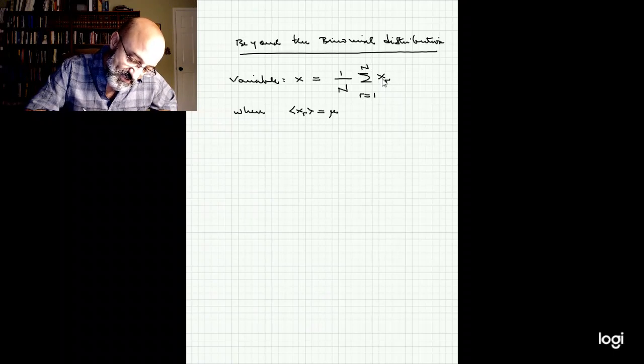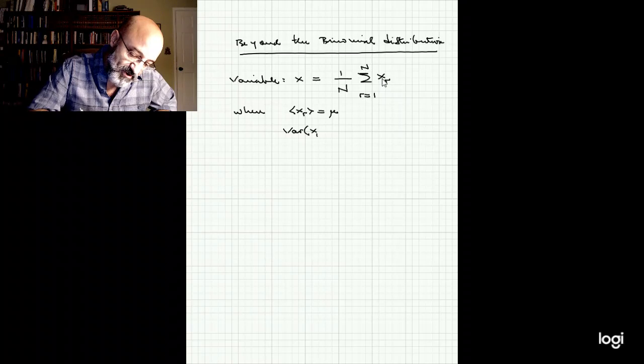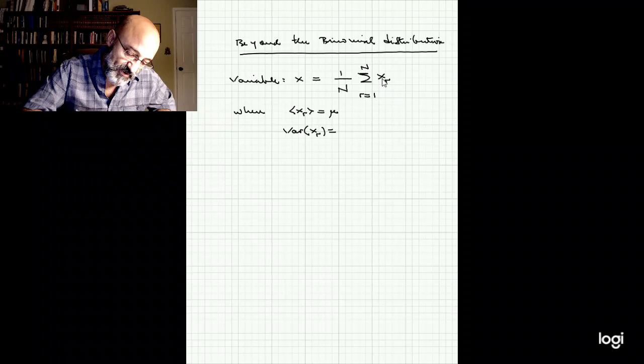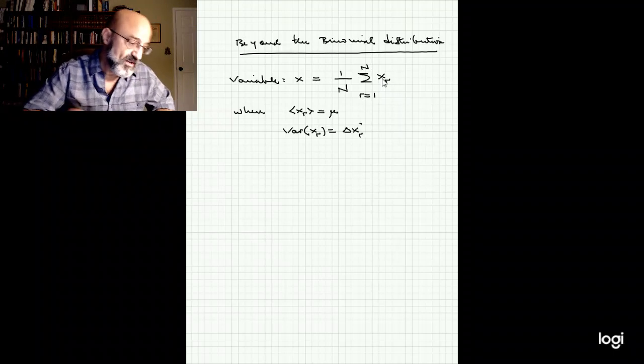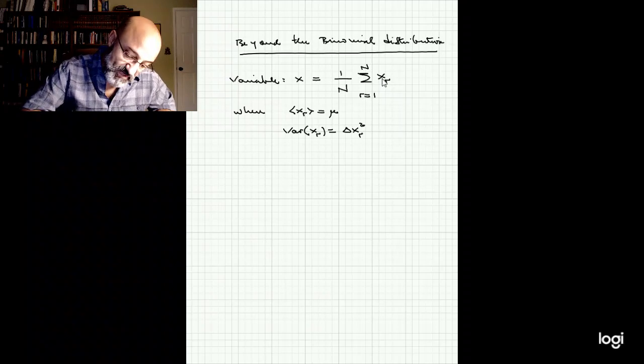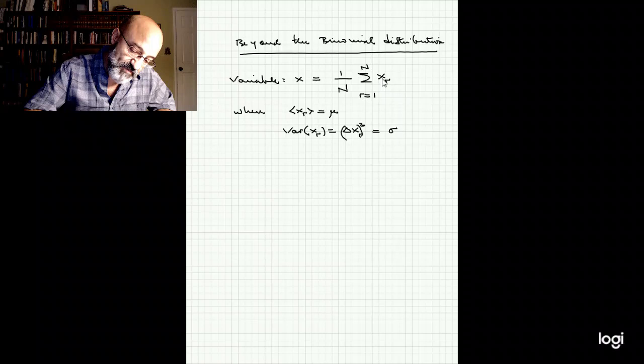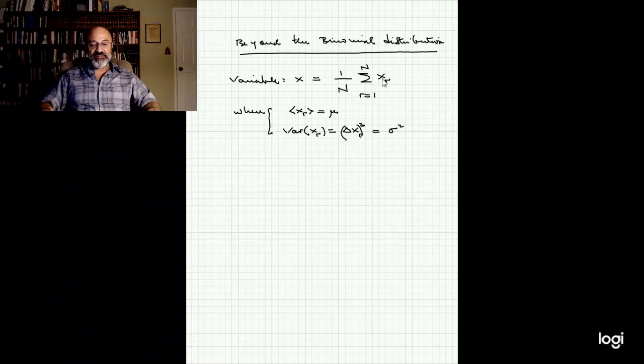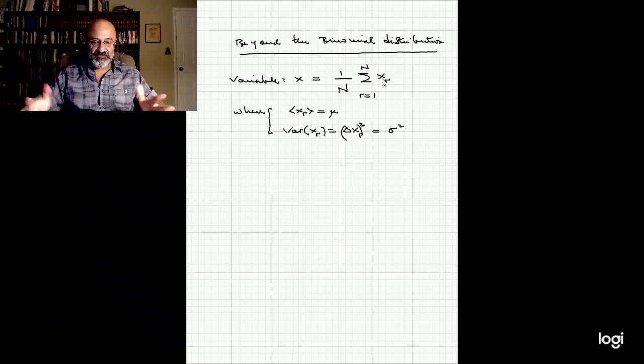The variance of xr, which we write as delta xr squared, is equal to sigma squared. So all we really need to know about this distribution for the x's is the mean and the variance.